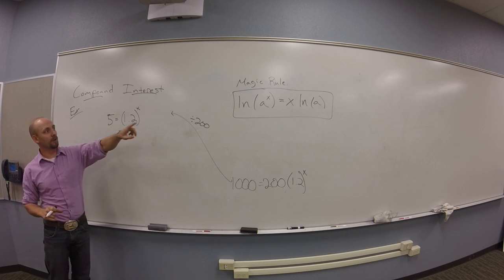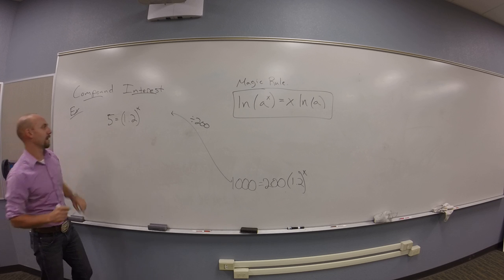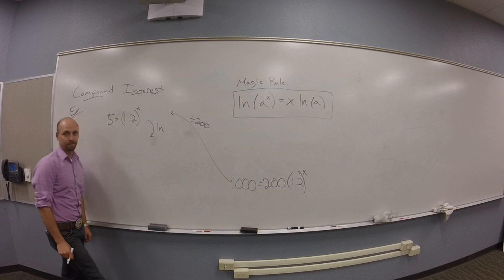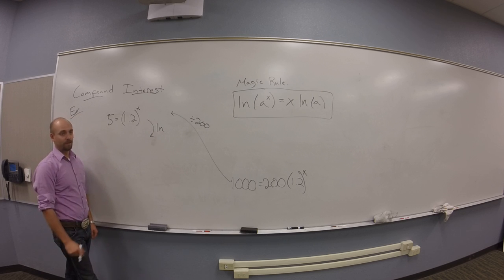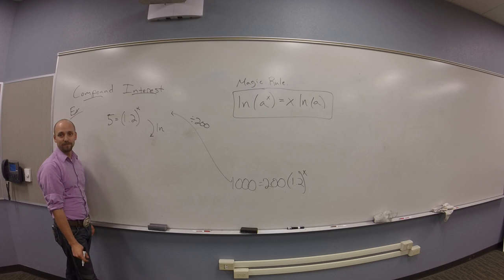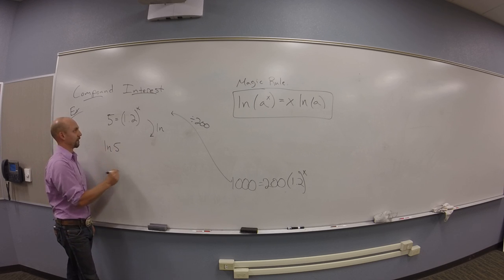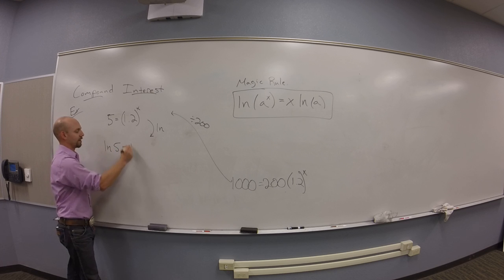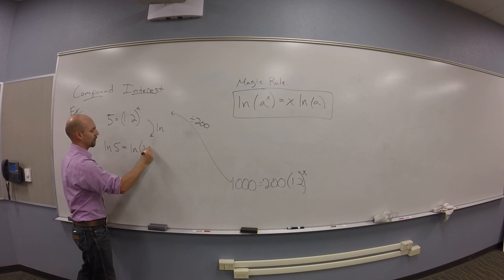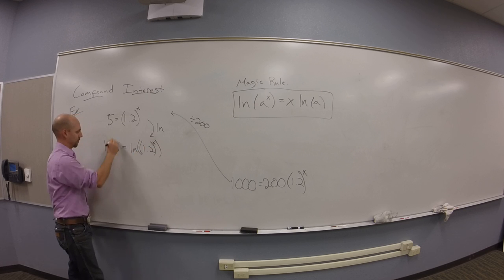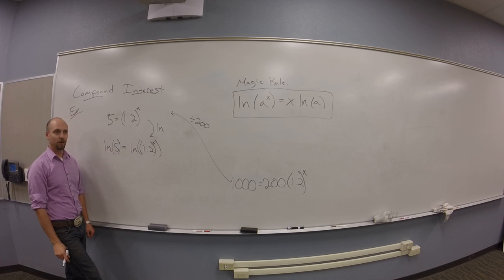So what I'm going to do is hit both sides with a natural log. On the left I get the natural log of 5, and on the other side I get the natural log of 1.2 raised to the x power.